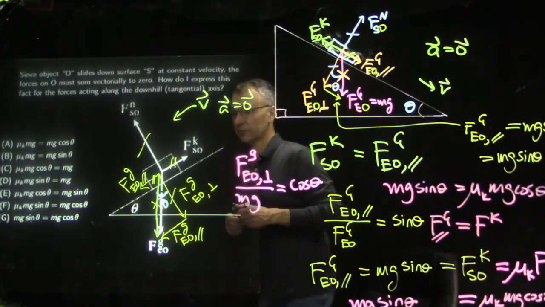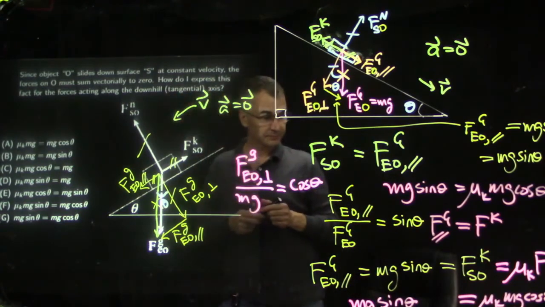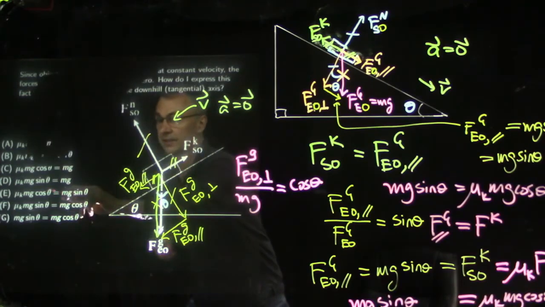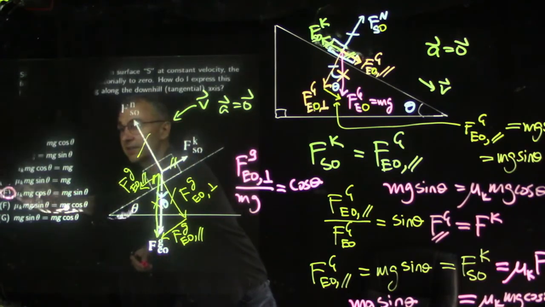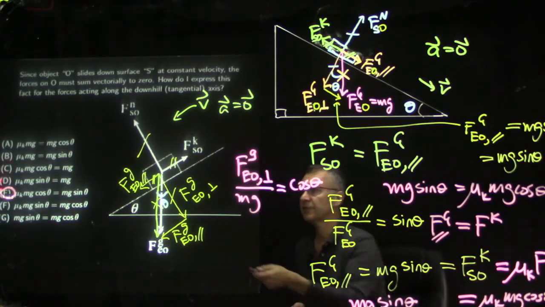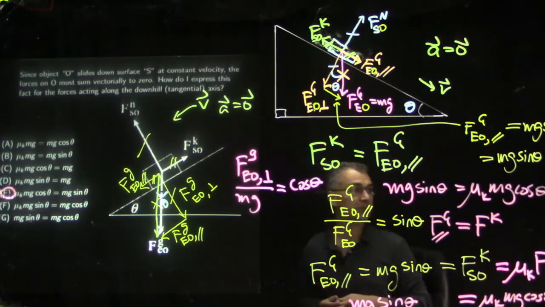So how do we express that? I think mu mg cosine theta equals mg sine theta. I think I like E, echo here. Mu k mg cosine theta equals mg sine theta.